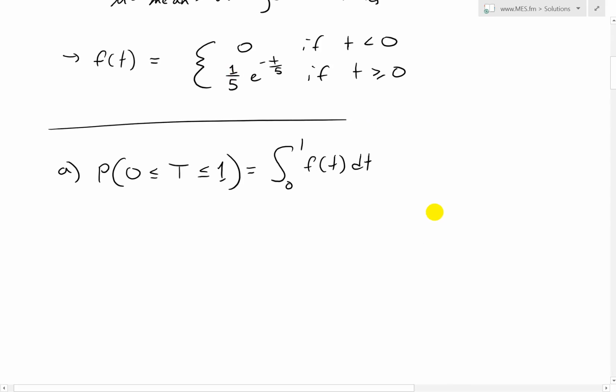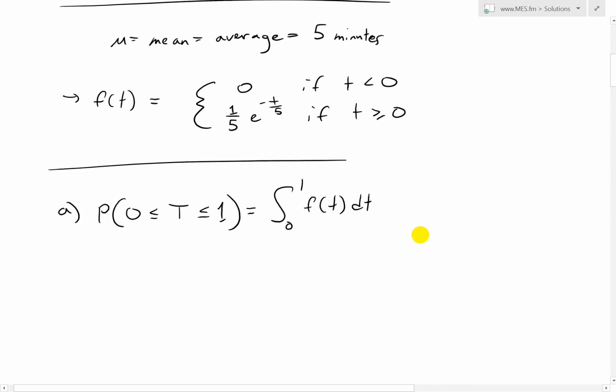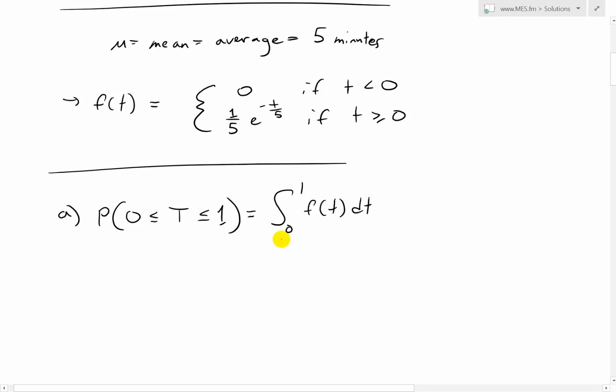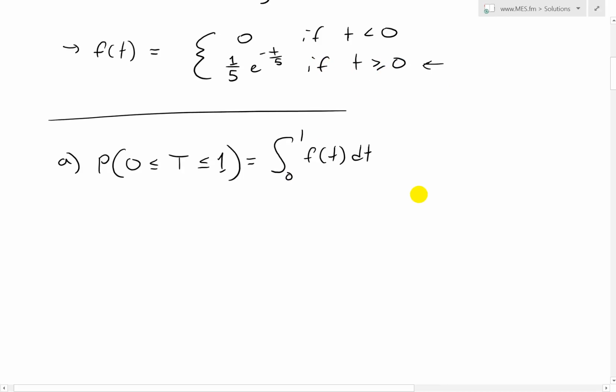Now we can just plug in our f of t. We're only dealing with t greater than or equal to 0 here, so we just look at this formula and not the 0 one. So this equals the integral from 0 to 1 of 1 over 5 e to the power of negative t over 5 dt.